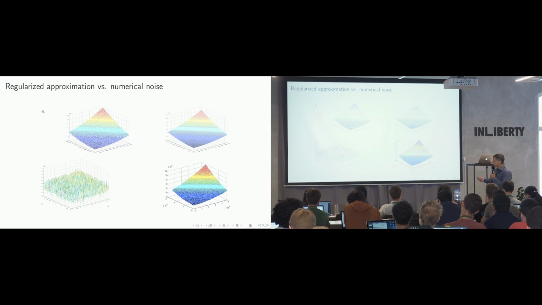So initially it was like this, but after this regularization, when we approximate this function and zoom in on some part of it, we obtain already quite nice posterior approximation.